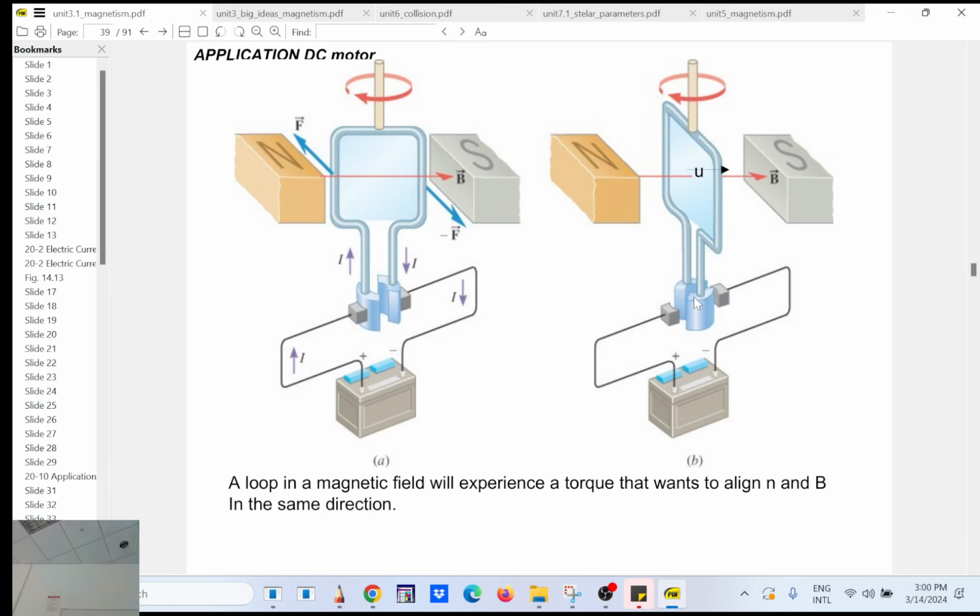But it's the same idea. You need a neodymium magnet. It's a very strong magnet. And then you magnetize your battery. And then you have a wire like this.